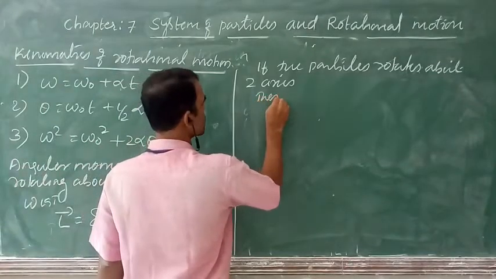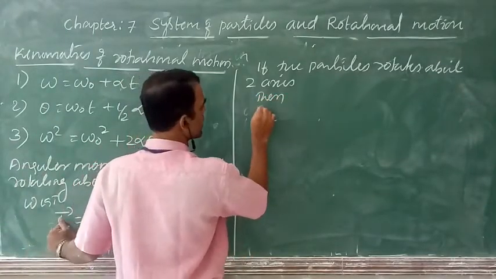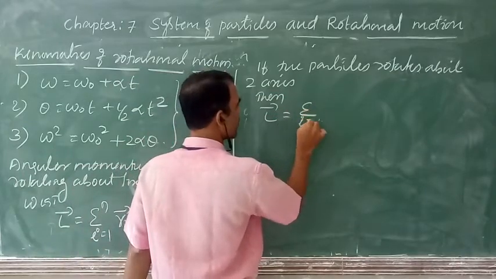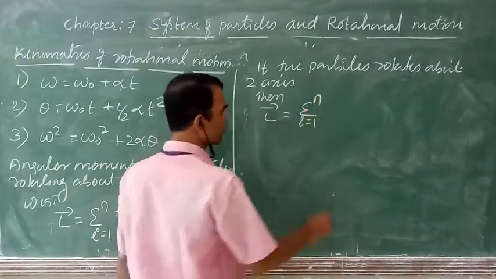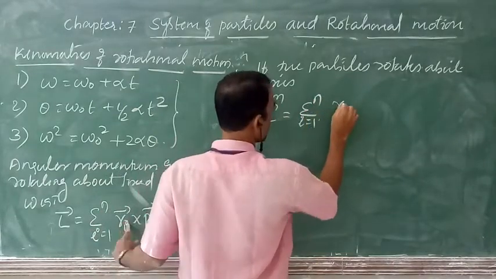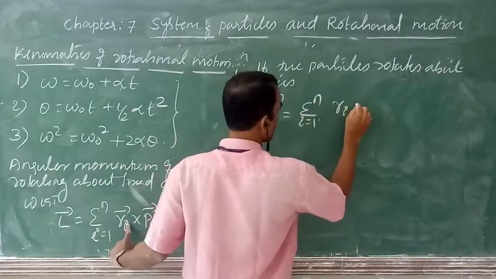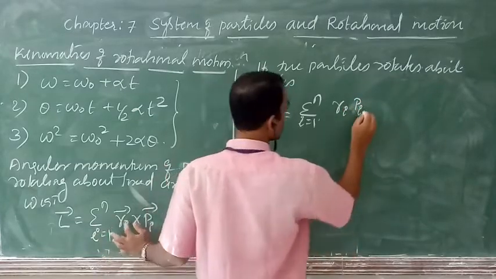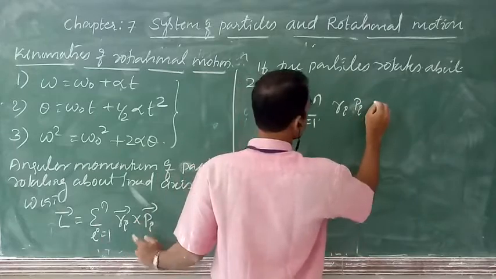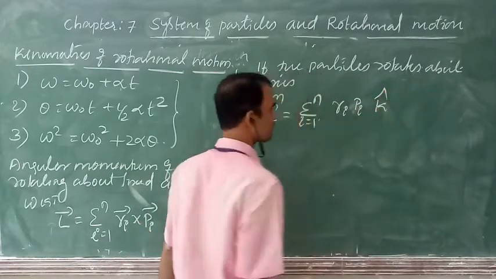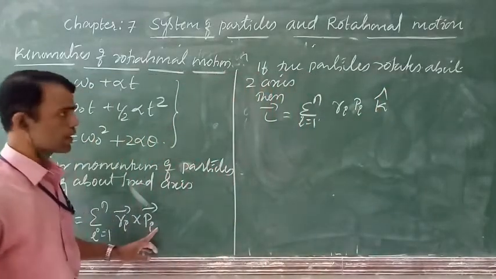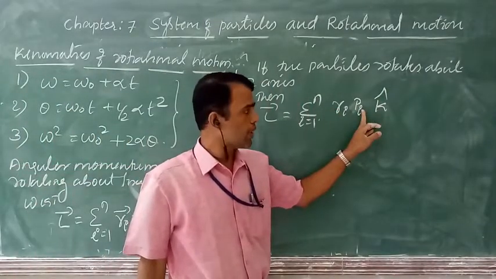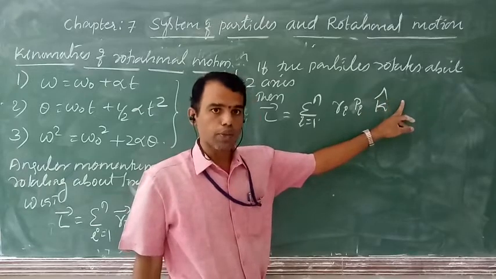Then this equation can be written as vector L is equal to summation of i is equal to 1 to n of the magnitude of the position vector Ri into the magnitude of the linear momentum vector Pi into k cap. This is the cross product of the two vectors, which is Ri Pi sin theta into k cap.